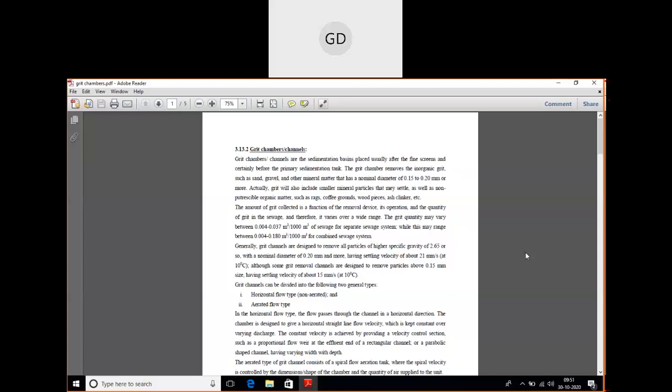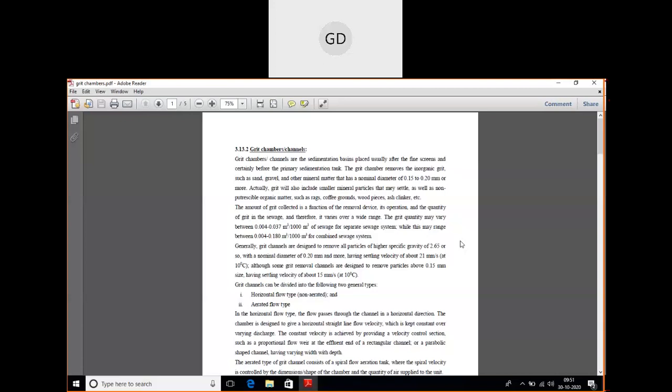Just now we have read about the screens. So these grit chambers or channels are placed after your fine screens and certainly before the primary sedimentation tank.